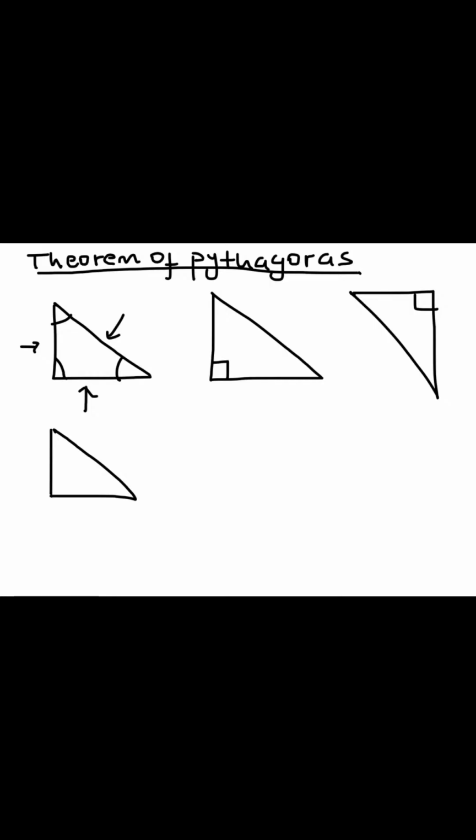Why? Because it does not have that. Even though it looks like it is a right-angled triangle, as long as it does not have that, number one. Number two, as long as there was no statement which says consider a right-angled triangle below, then it is not. We just say it looks like.